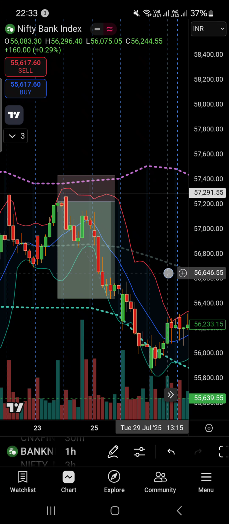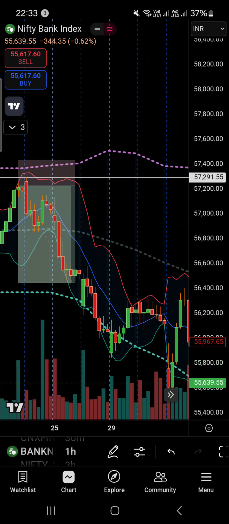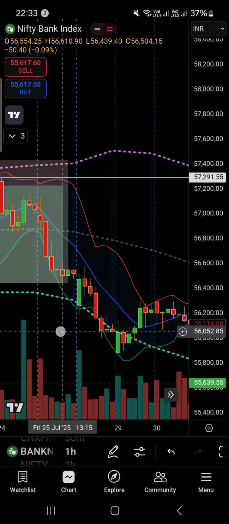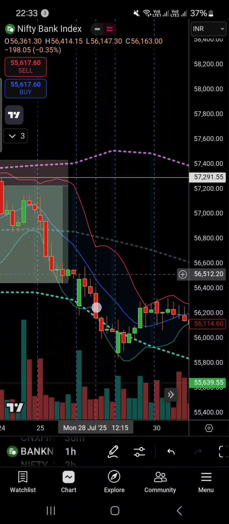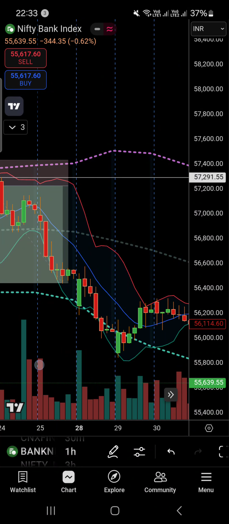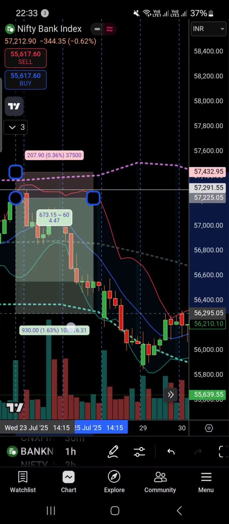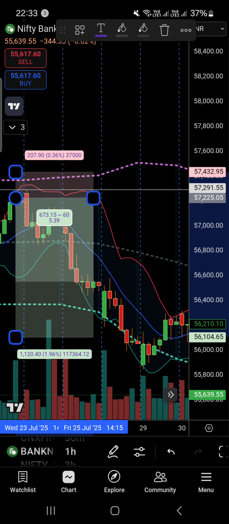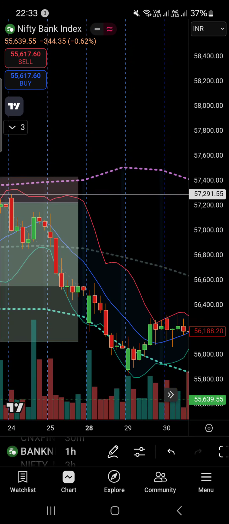You may move the stop loss to this region, and then you can follow this moving average line that is there, right? This moving average line can be followed. Eventually it crossed the moving average line here and you can exit somewhere in this region, which is good money in 3 days.